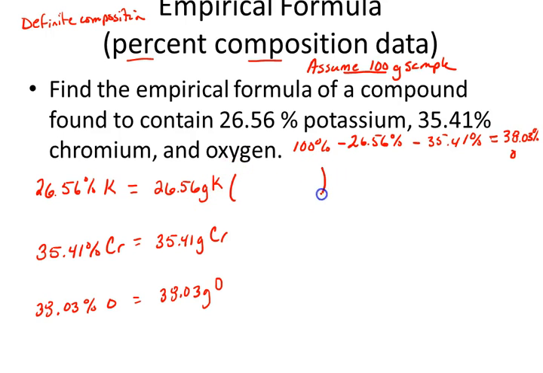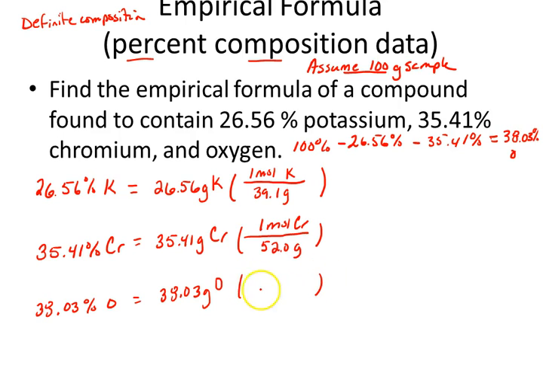We now convert just like before. Once we've got masses, we're going to convert to moles. 1 mole potassium, 39.1 grams. 1 mole chromium, 52 grams. And 1 mole oxygen, 16 grams.